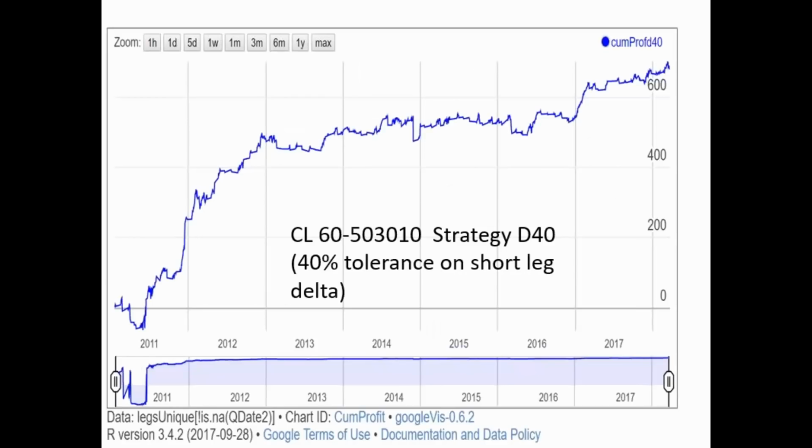Well, okay, so here are the results trading crude oil and options. Now, in my simulations, they should be accurate. I'm using a 40% tolerance here, and 50, 30, 10, again 60.